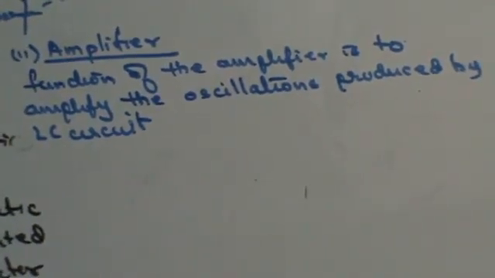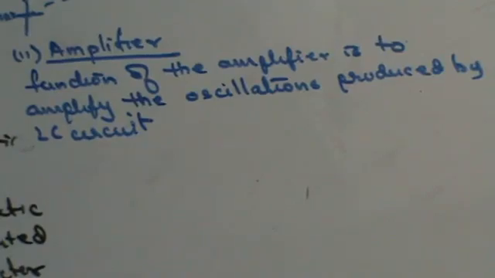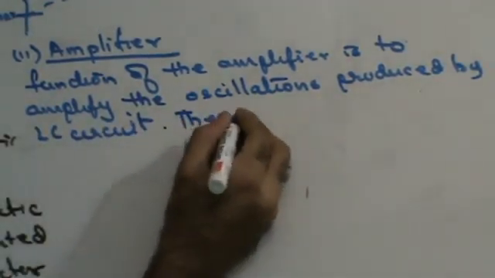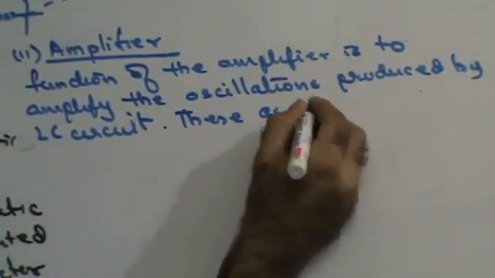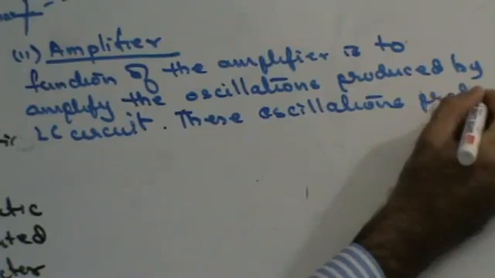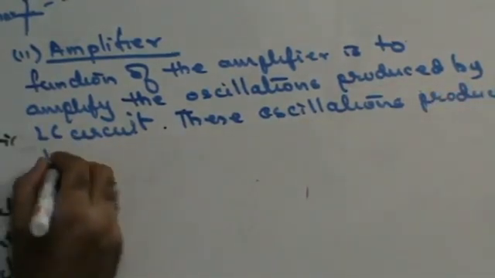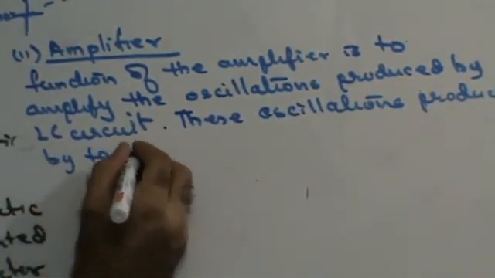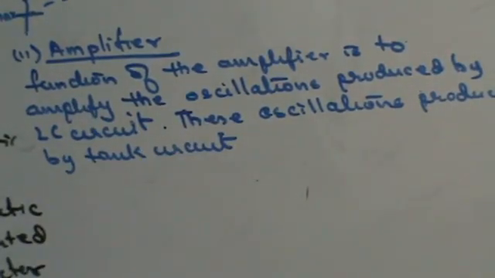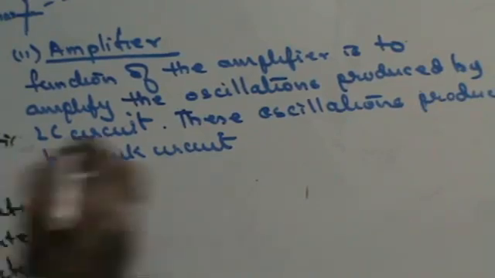These oscillations produced by the tank circuit are applied to the input of the transistor.